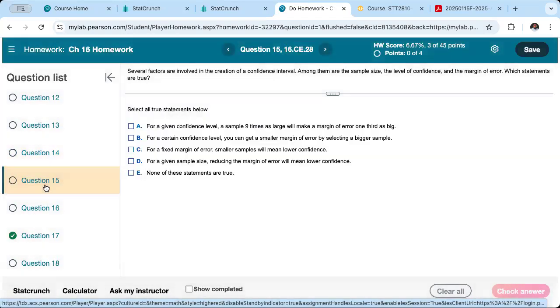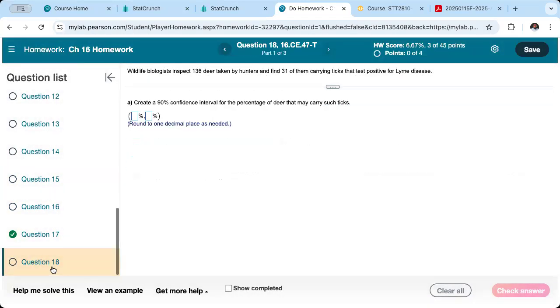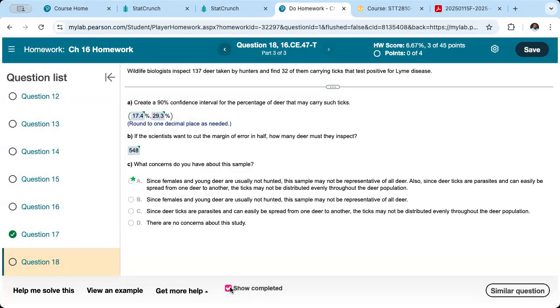Let me see. Okay, let's go to 18 and then let's do B. 18B. Is that okay? I want us to compute this sample size. Is that okay? So let's do 18B.